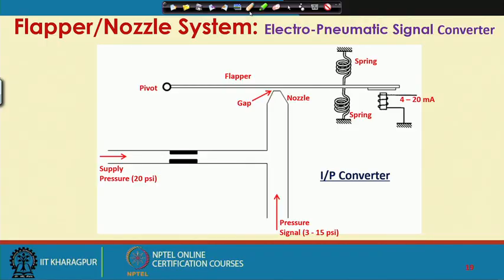Like 3 to 15 psi pressure is used for industrial control system or industrial pneumatic control system. 4 to 20 milliampere current is used for electrical signals in case of industrial electrical control systems. Now, look at this schematic.